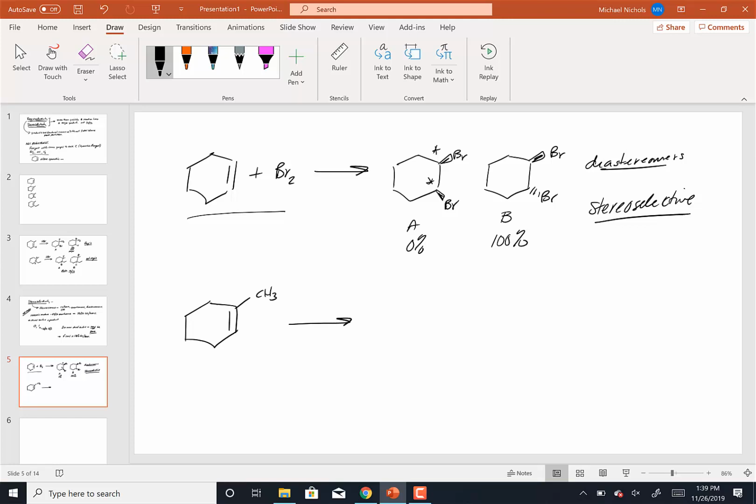All right, let's make it methyl cyclohexene. Give me a reagent other than Br2 that adds 100% either cis or trans. What do I hear? KMnO4 and OH minus. Choose another one. So water.